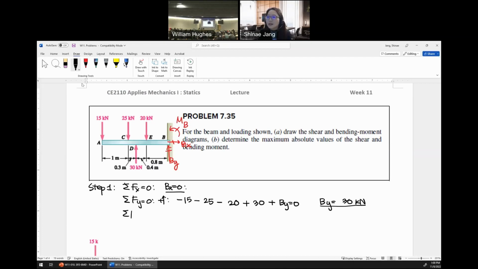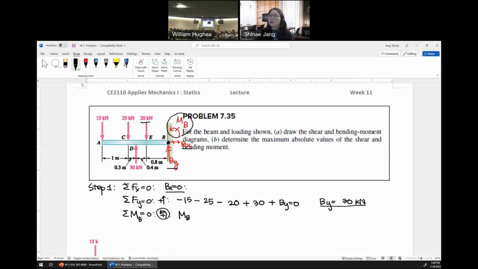Okay, and then move on to the moment equilibrium equation. You can use any point as reference, but I like to use B here, and counterclockwise is positive. Moment by Bx and By is 0, but we need to add the moment at B. We assume counterclockwise is positive, and this is also counterclockwise, so it's plus MB.